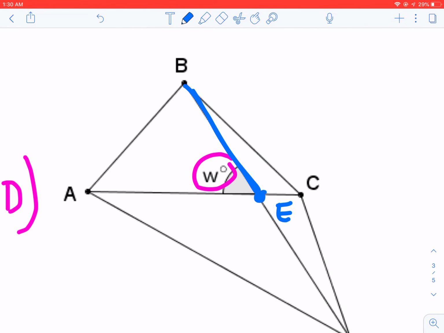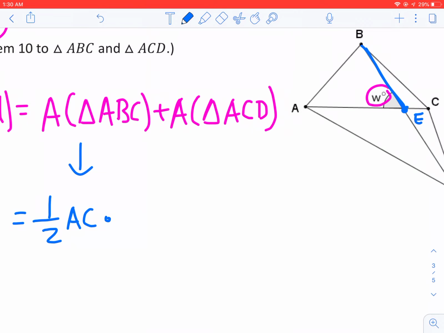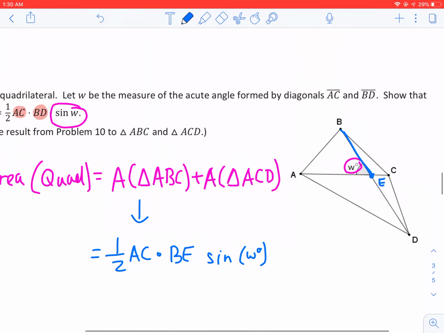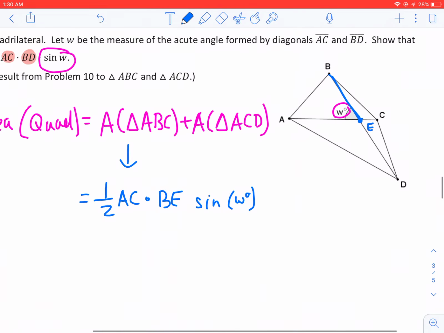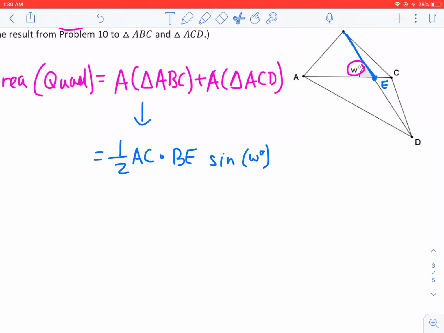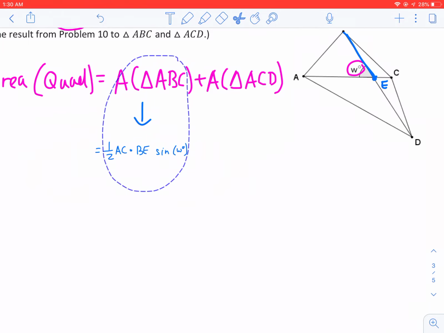If we call this BE, that's going to be 1/2 AC times BE times sine of W degrees. If you don't see where this is coming from, just follow the exact same steps we did over here, and you will get this. So that's the area of triangle ABC. Let me color code that in blue.